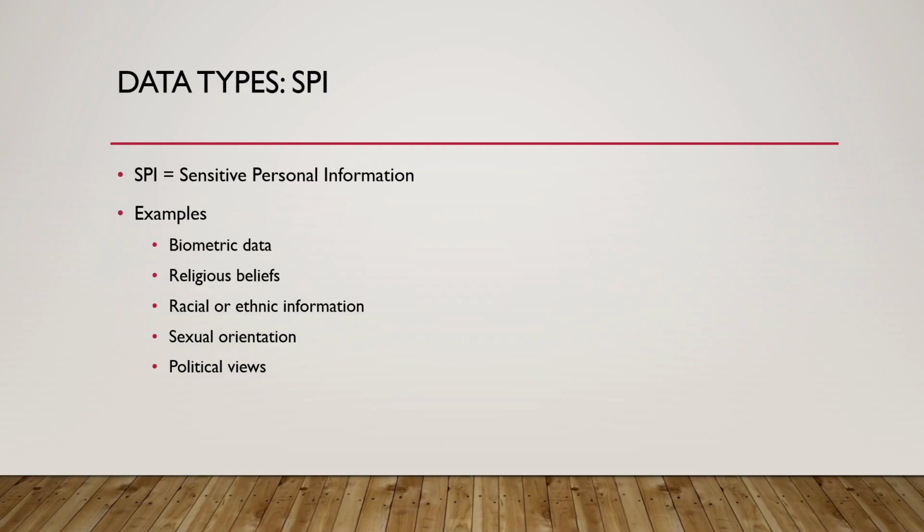It needs some additional security beyond PII because it can have a lot of other information like biometric data, your religious beliefs, racial or ethnic information, sexual orientation, political views, and this data needs to be minimized because a lot of times this data does not need to be collected, but sometimes is collected for a certain reason within an organization. Just like identification information when you apply for a job. That information is there for tax relief or tax credits, but is not needed in most of the organization.